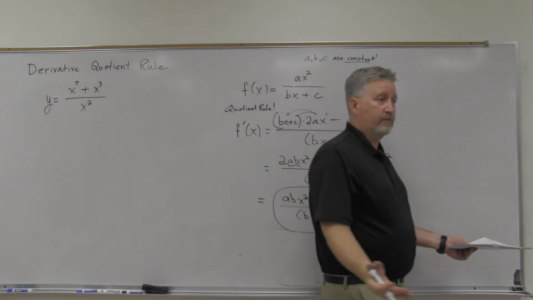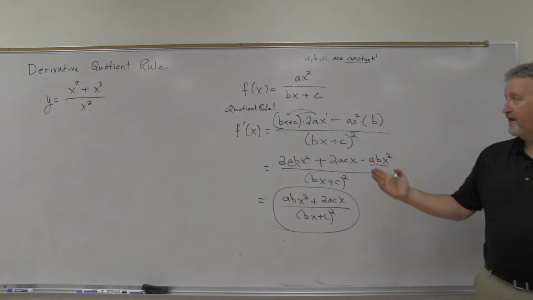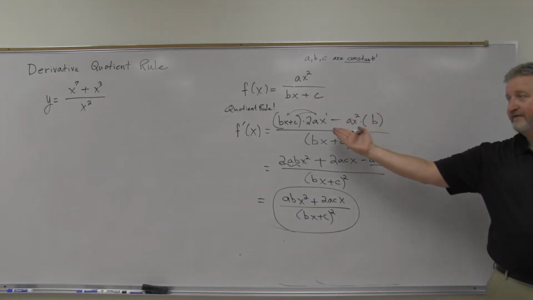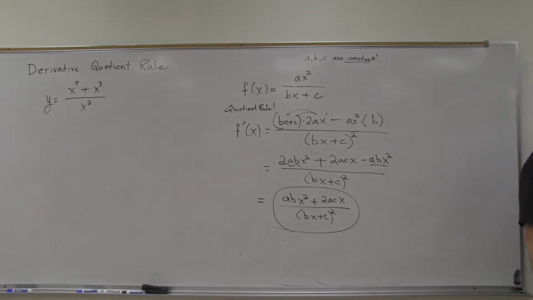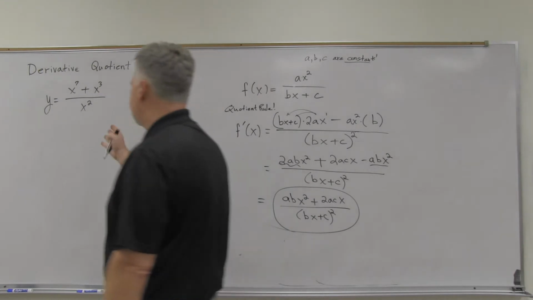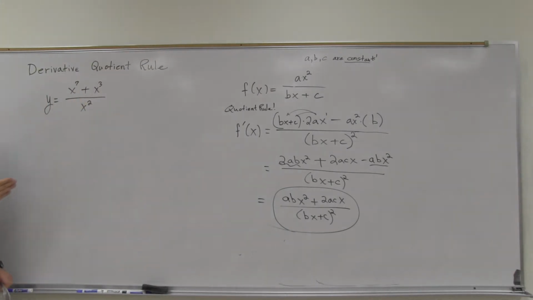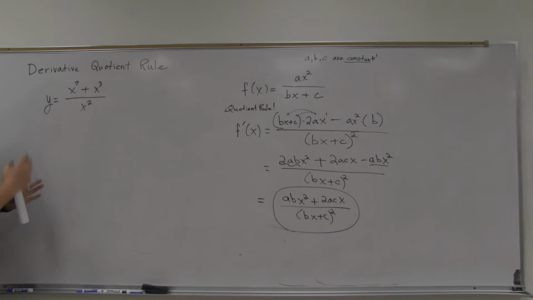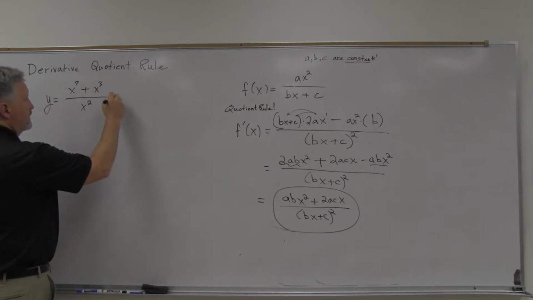Quotient rule would work with that, but I think you'd agree with me, if I don't have to use a quotient rule, that's a good thing, isn't it? So my point is, yes, I could use the quotient rule on this, but it's not necessary here, because this one is one that we can do without the quotient rule. We did one like this before we did the quotient rule.